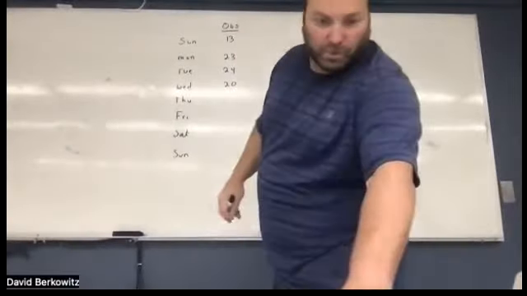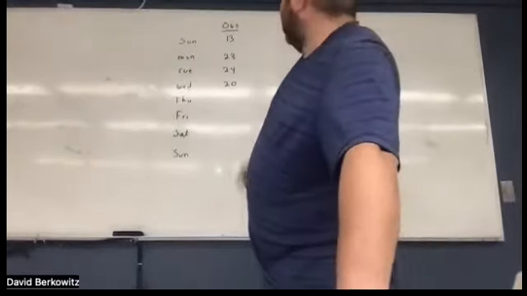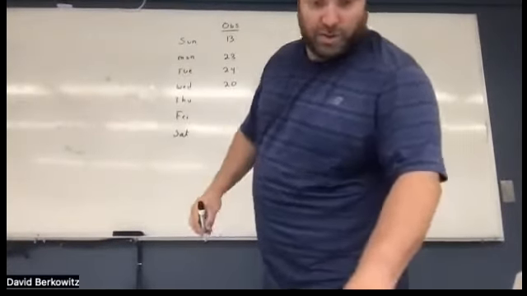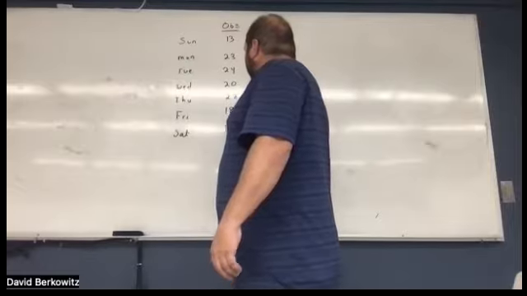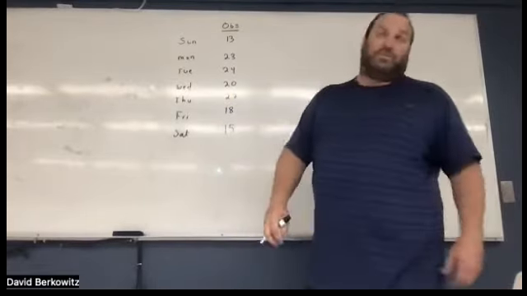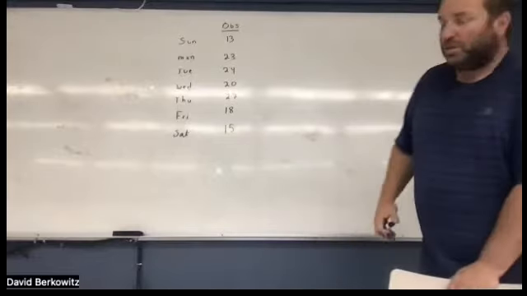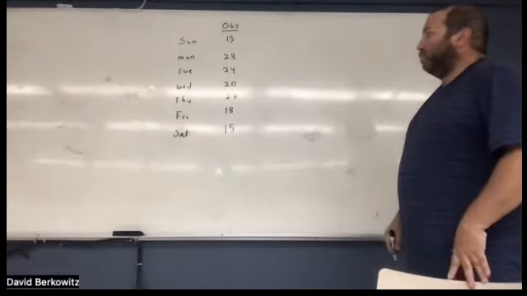I think I skipped a number. 13, 23, 24, 20. Oh, I wrote Sunday twice. That doesn't make any sense. Okay. So Thursday is 27, 18, and 15. So these are the observed values. There were 140 in total. And these are our observations.